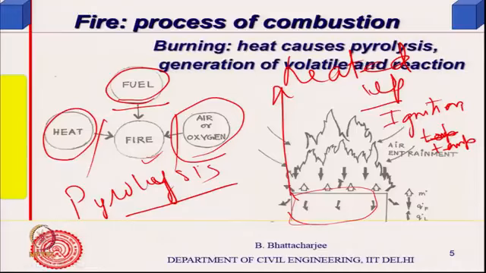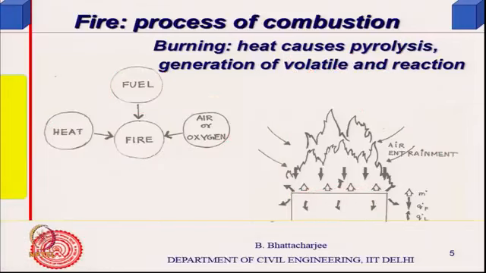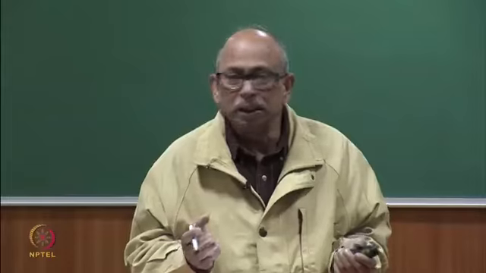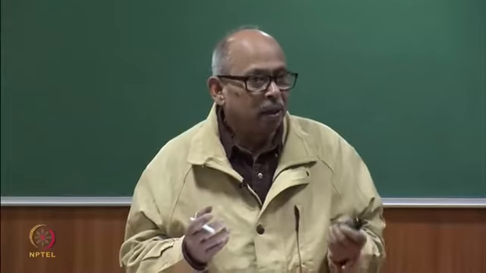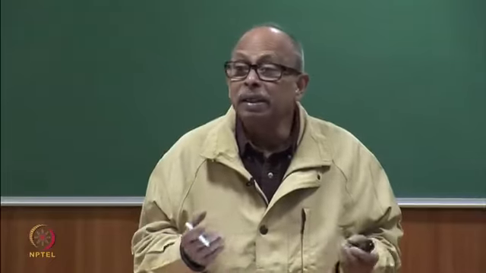Now, once it has started, the volatiles start reacting, and this itself generates heat. Once the volatile starts reacting with the oxygen, this process is exothermic, and only then would the fire occur.